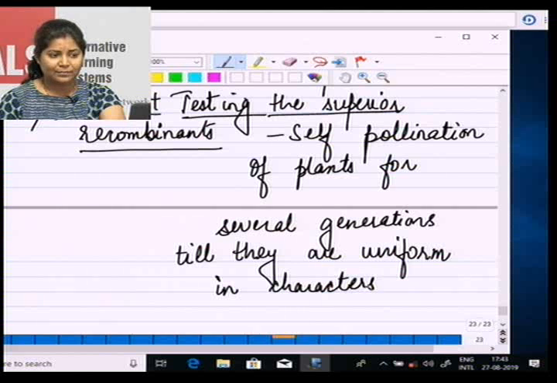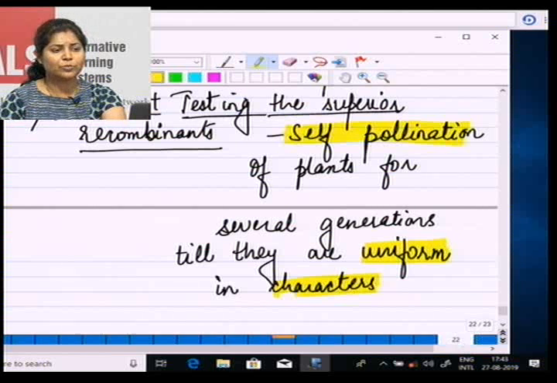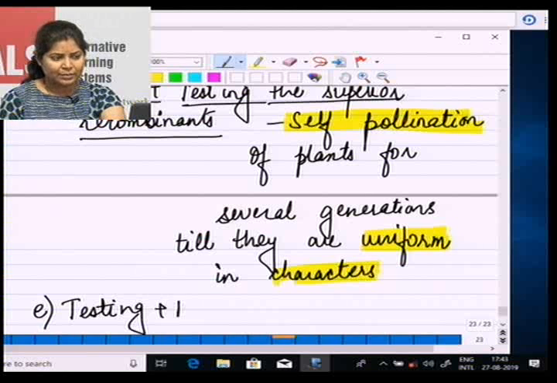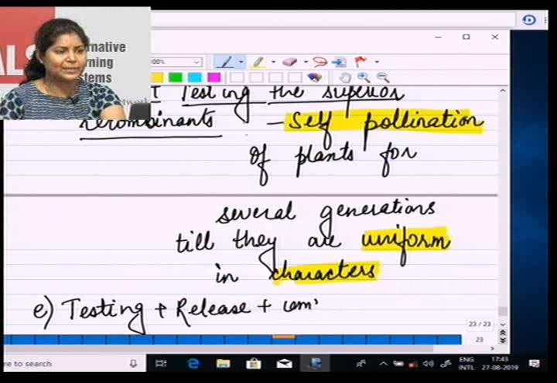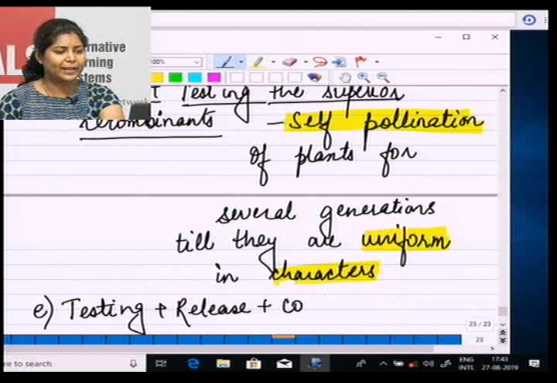It's not like some of them are going to produce good yield and some of them are not going to give you similar results. So what you are going to do is undergo self-pollination. Then after self-pollination, you are going to test it, release it, and now I will be selling it to you. This is the particular sugarcane variety.